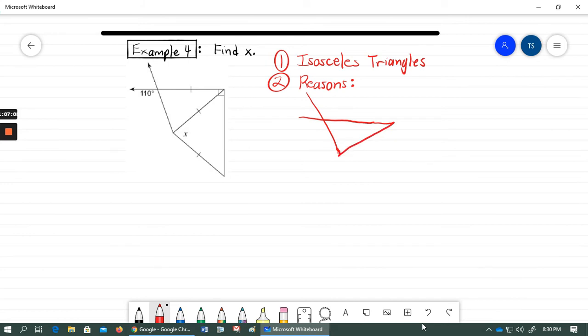But we can use the fact that this exterior angle is supplementary with its adjacent interior angle. So these 2 angles right here, this exterior angle and the angle right beside it, form a linear pair.